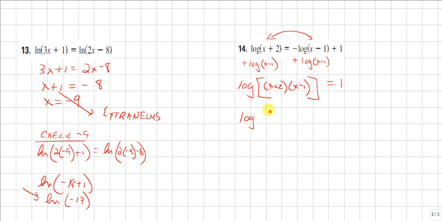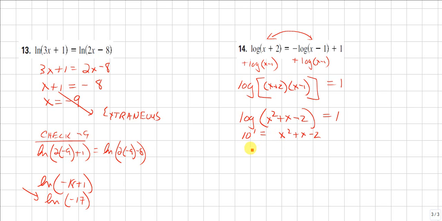So log of x squared plus x minus 2 is equal to 1. So let's go ahead and convert this to an exponential. So that would be 10 to the first is equal to x squared plus x minus 2.